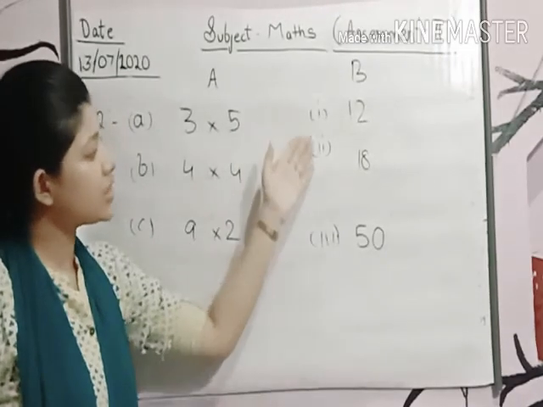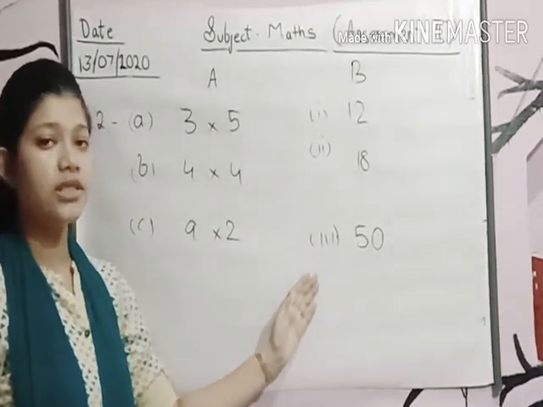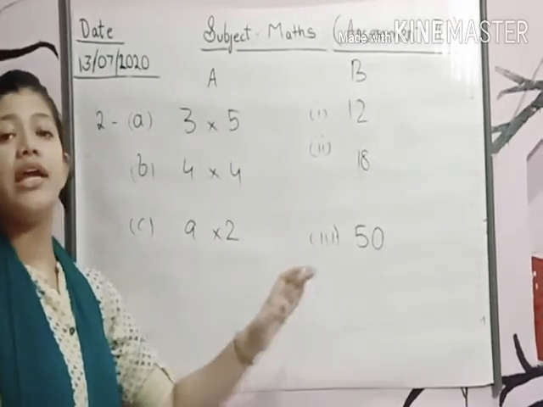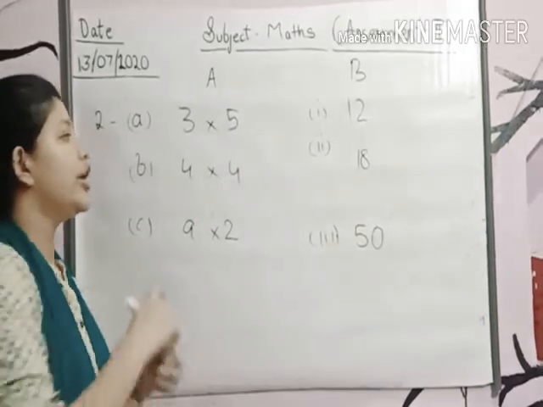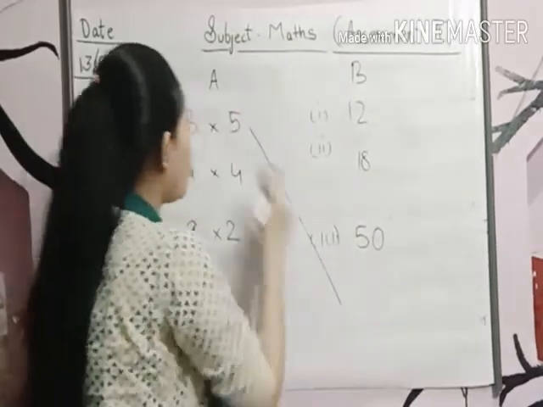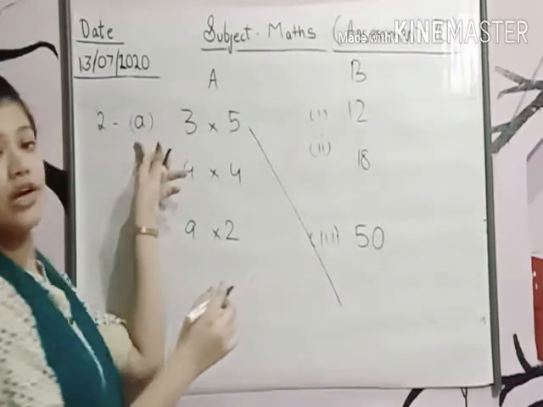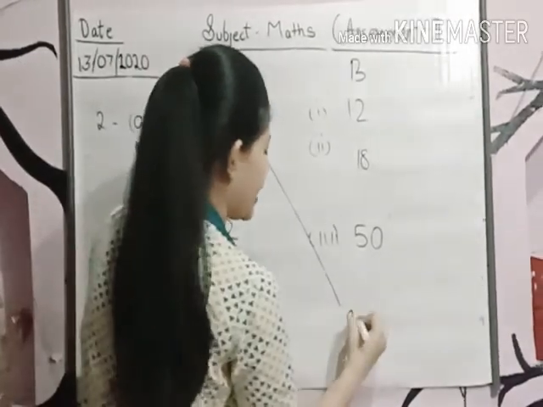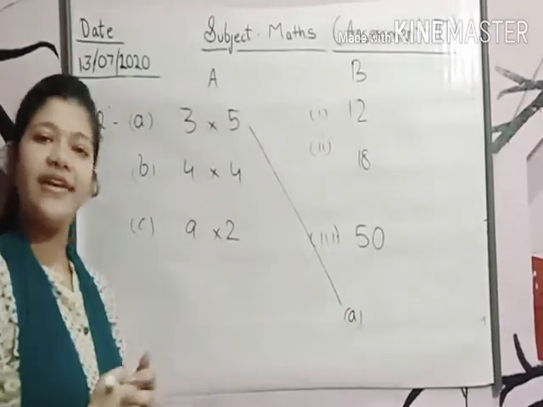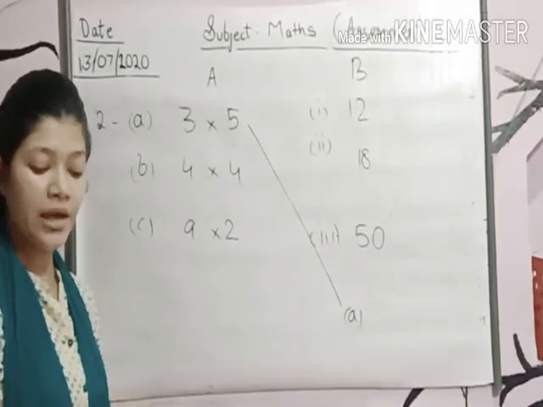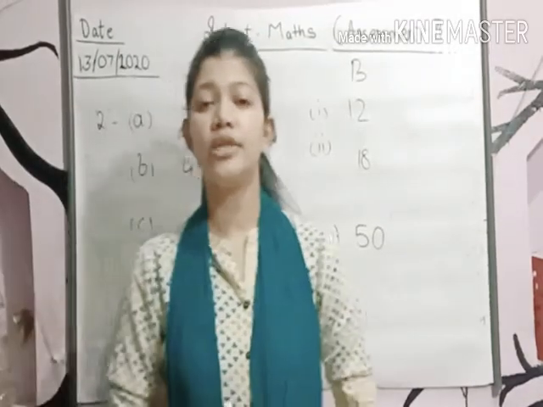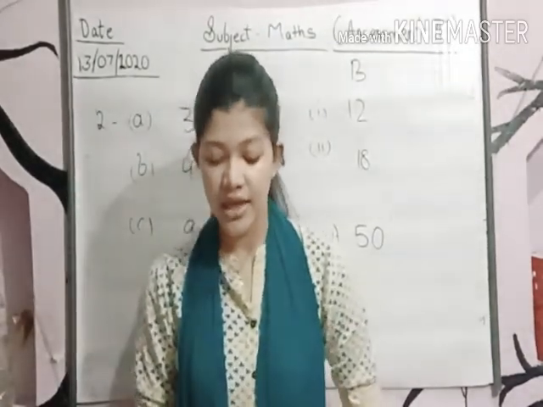So you will match the answer, that is the product, in column B, and wherever you find 15, either you will draw the line or you will write the letter over here. Clear? Okay. Now I hope you can do this one. You can match these numbers.